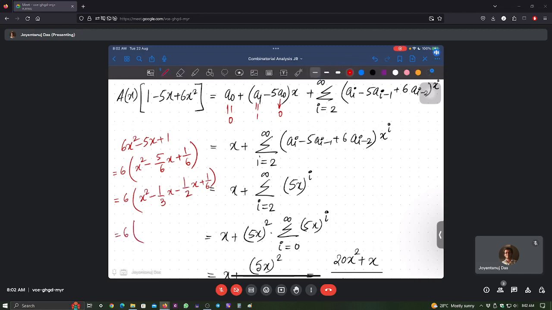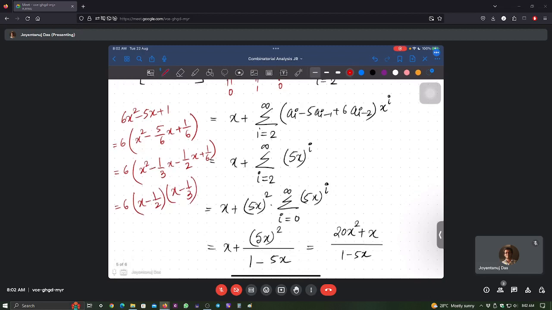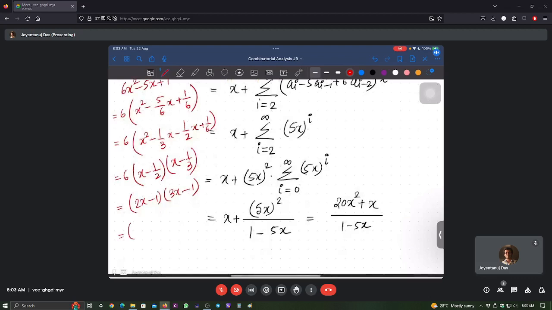So this gives you x minus half and x minus 1 by 3. Now we can multiply this 6 inside to make it look like 2x minus 1 and 3x minus 1. Yes, exactly.